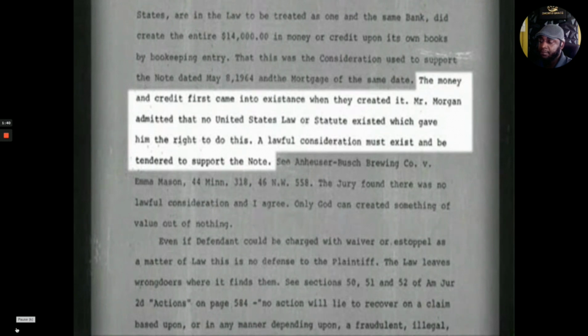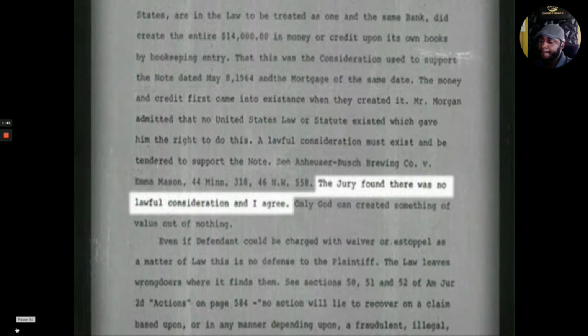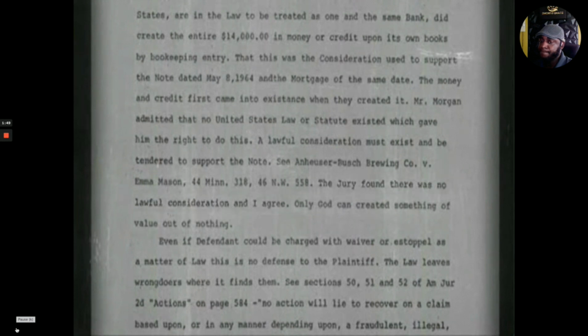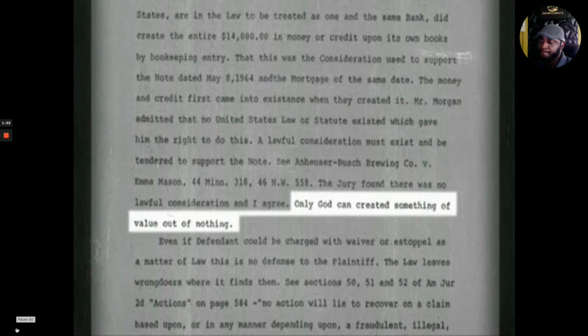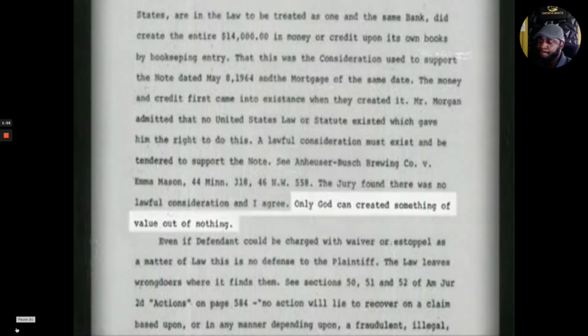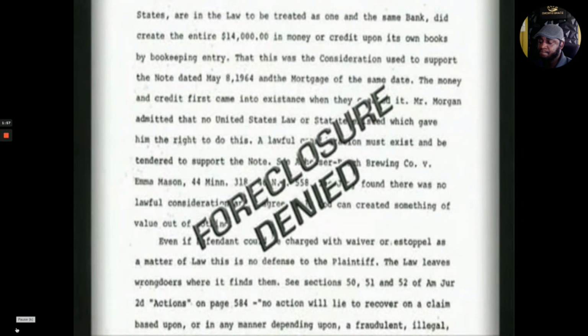A lawful consideration must exist and be tendered to support the note. The jury found that there was no lawful consideration, and I agree. He also poetically added, only God can create something of value out of nothing. And upon this revelation, the court rejected the bank's claim for foreclosure, and Daly kept his home.